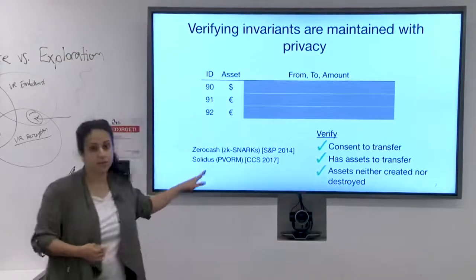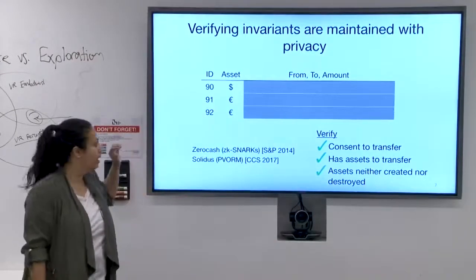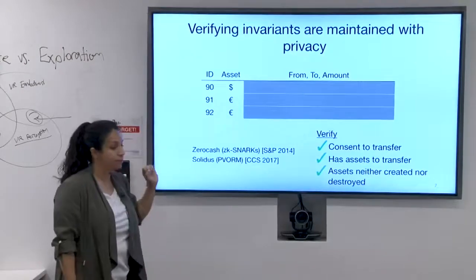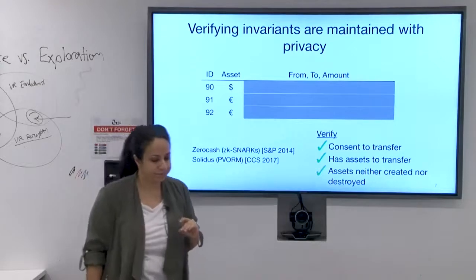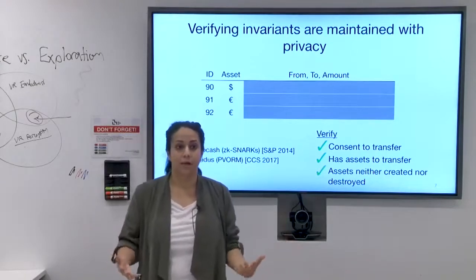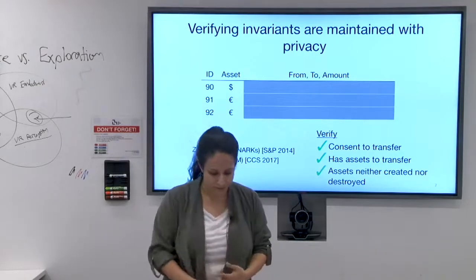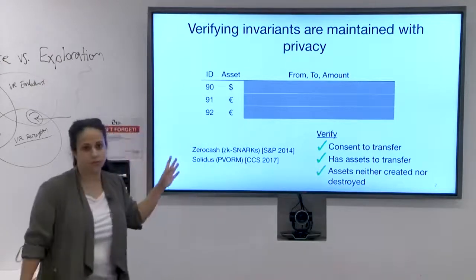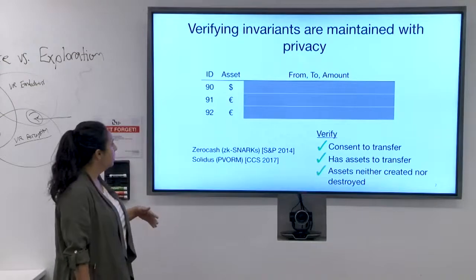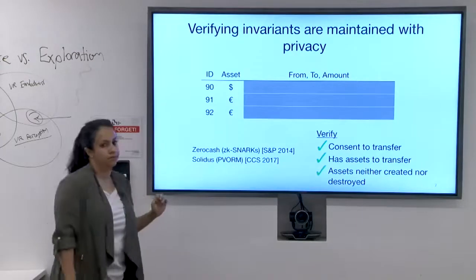ZeroCash and Zcash use a primitive called zero-knowledge proofs, and in particular, ZK-SNARKs, zero-knowledge succinct arguments of knowledge. Those were actually developed in part here at MIT. So using these interesting cryptographic primitives, we're able to maintain financial invariants in Zcash.